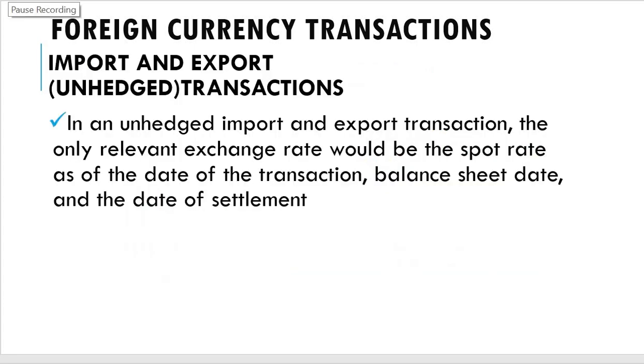Okay, so in unhedged import and export transactions, no, the only relevant exchange rate would be the spot rate as of the date of transaction, balance sheet date, and the date of settlement.